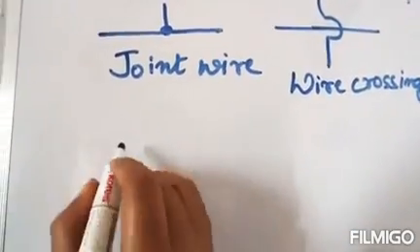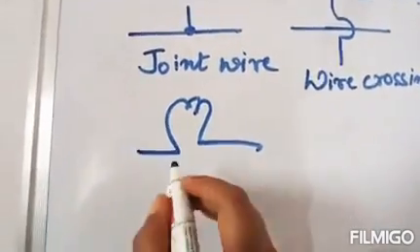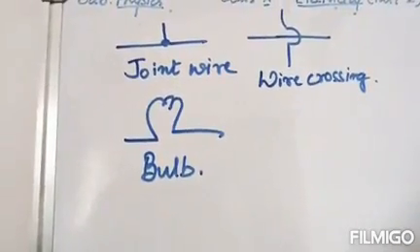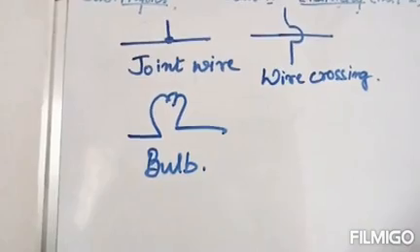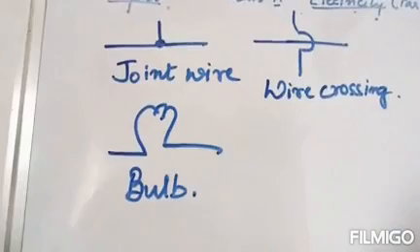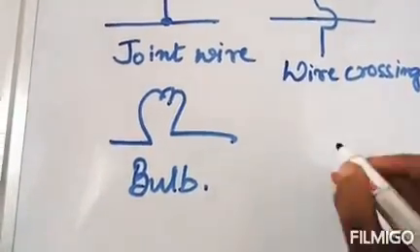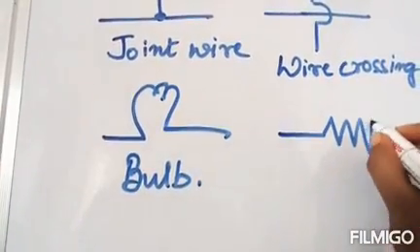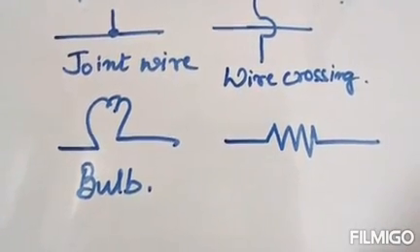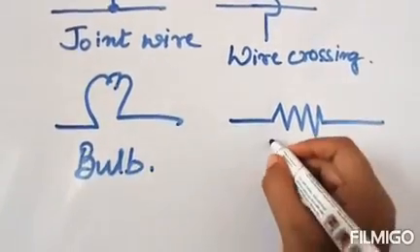Next, when we want to represent any bulb across a circuit, we denote it this way. No need to draw a bulb like it is in original. You may draw it also, but in general we denote it this way. Next is the resistor. A resistor is a hindrance in the proper flow of the current, and it is represented by this.